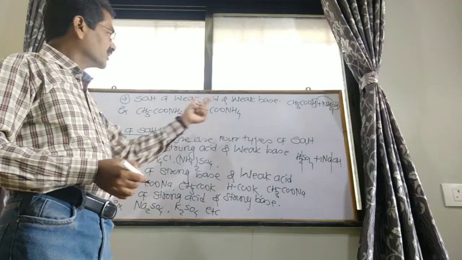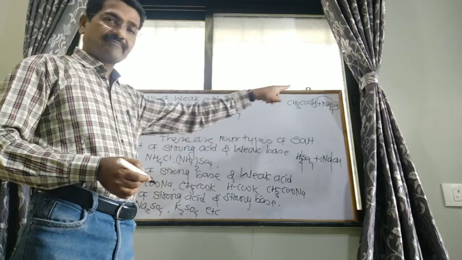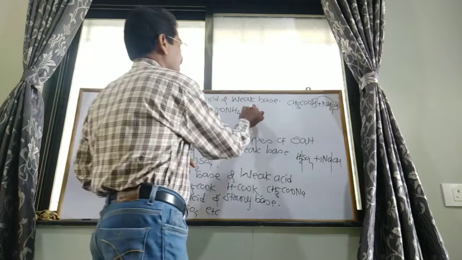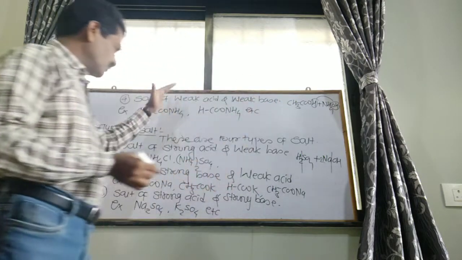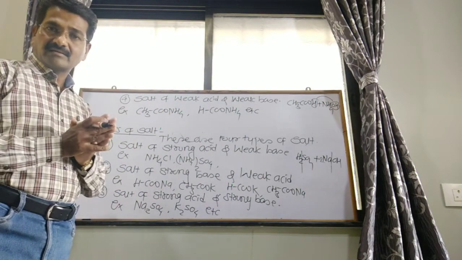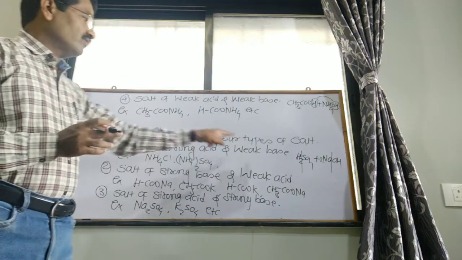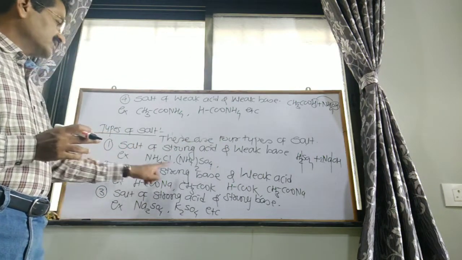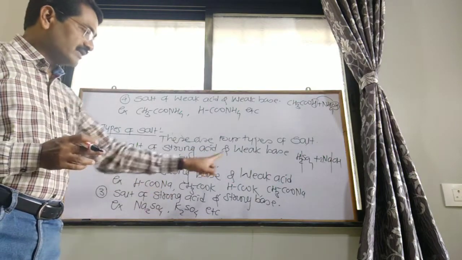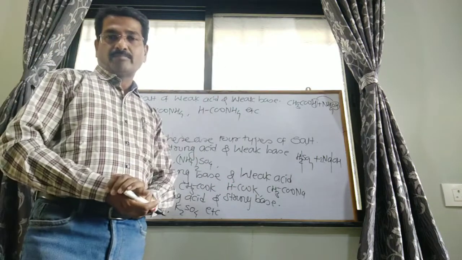It is prepared from formic acid, the weak acid, and ammonium hydroxide, the weak base, etc. So these are the 4 types of salt: salt of strong acid and weak base, then strong base and weak acid, third salt of strong acid and strong base, and last is weak acid and weak base.